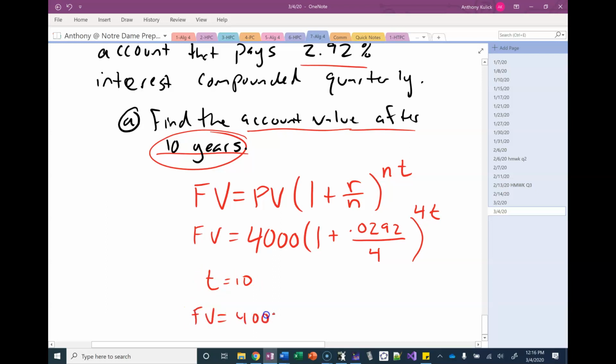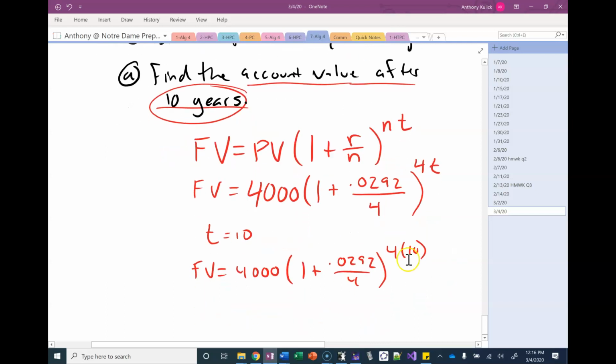So to find my future value, I'm just going to plug in 10 for T and type that into my calculator.